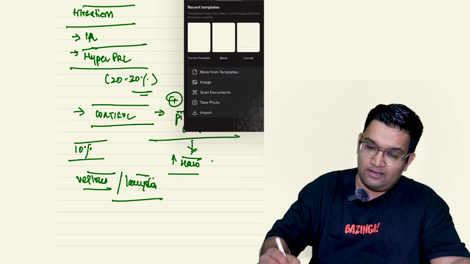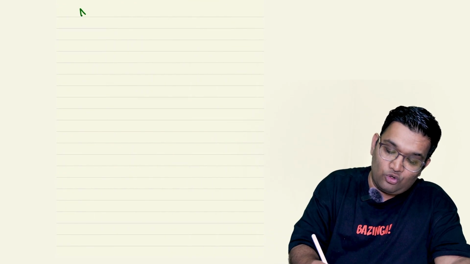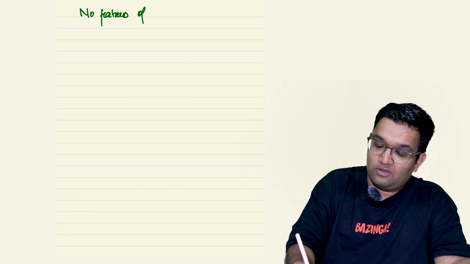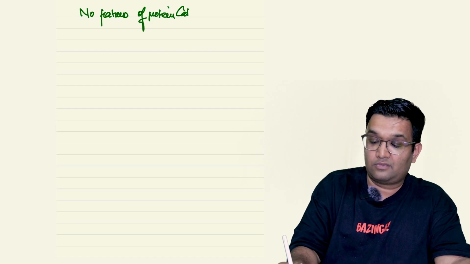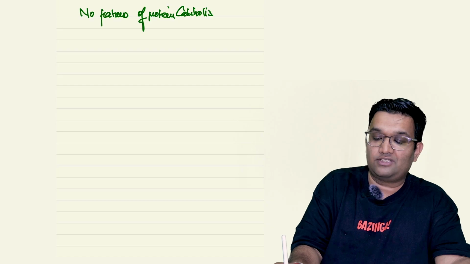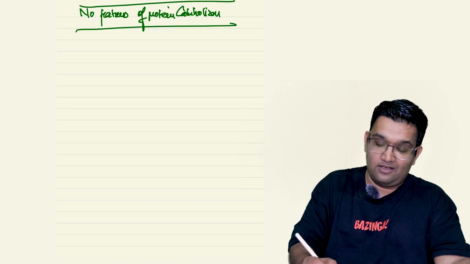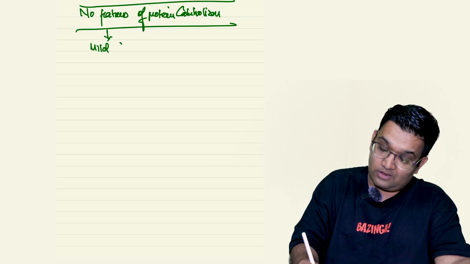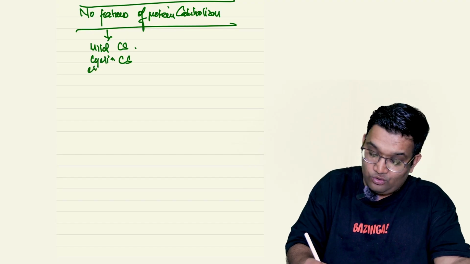Is there any feature in which the patient can have no features of protein catabolism? That is, protein catabolism is not there, but Cushing syndrome is there. So they can occur in mild Cushing syndrome or cyclic Cushing syndrome, childhood Cushing syndrome.